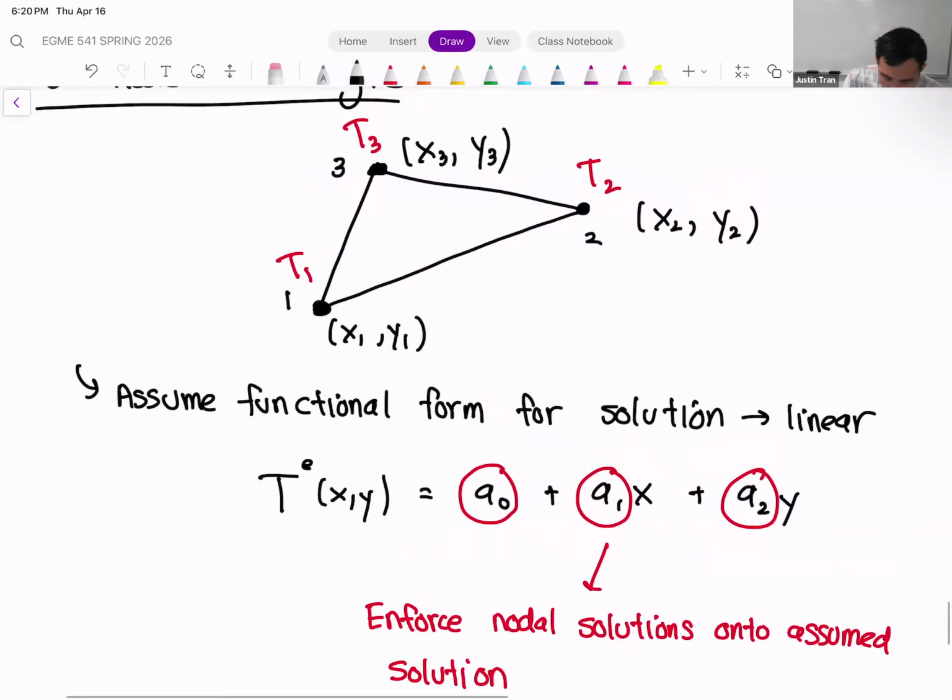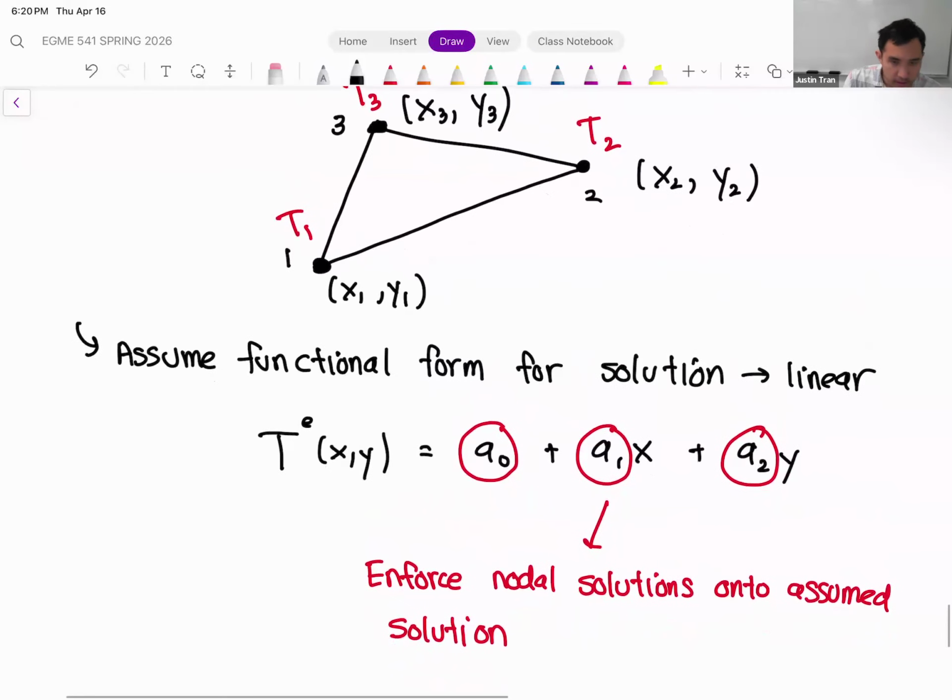We have three nodes here with three solution values and three coordinates, and so that's going to give us three separate linear equations.